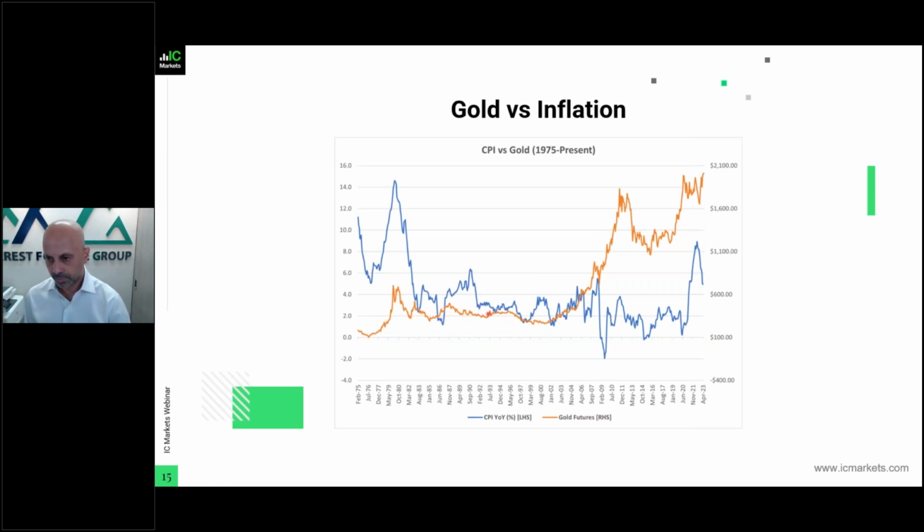Now, as we look at other instances here, in 1999, early 2000, again, inflation started rising pretty rapidly from 2 to almost 4%, but gold actually went sideways or was just trending lower, right? So over here, as inflation was rising, gold did not serve its purpose as an inflationary hedge again.